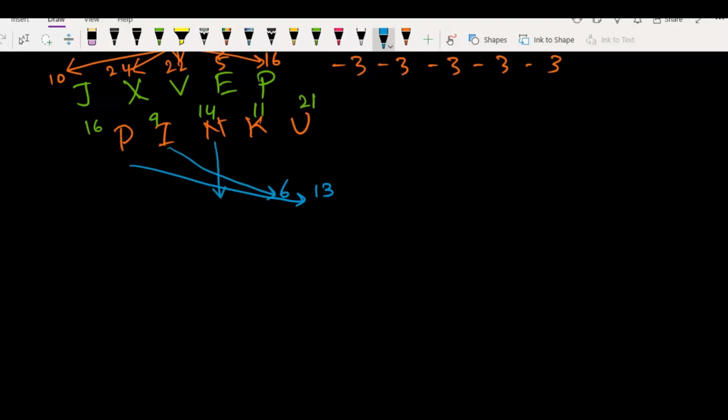Then 14 minus 3, that is 11. Then 11 minus 3 is 8, and 21 minus 3 is 18. So we get R, H, then K, F, M. So this is the answer.